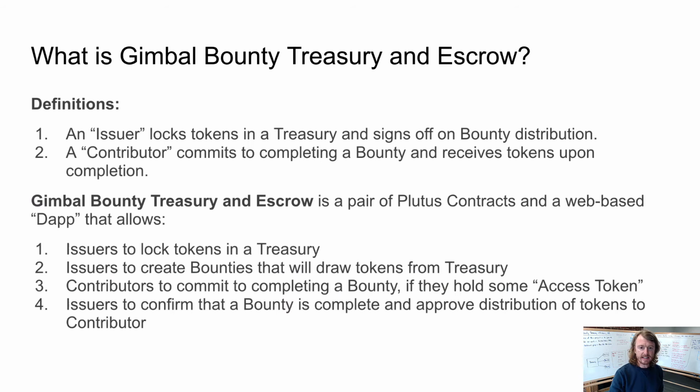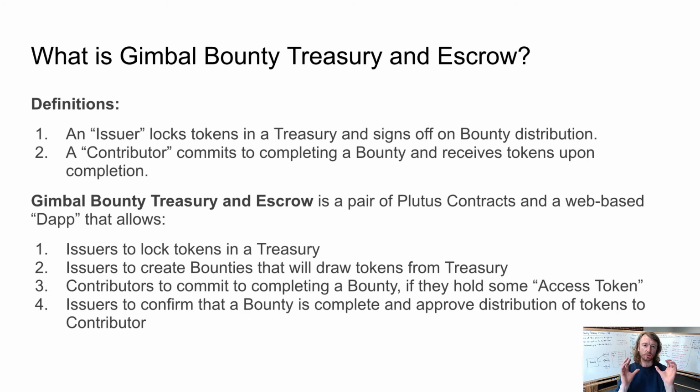The purpose of this video is to give you a high-level view of this Gimbal Bounty, Treasury, and Escrow system. So what is it? And yes, PR team, if you have a better name for this, let's figure out what to call it. But for now, I'm just naming it what it is. Before we talk about how it works, two definitions.